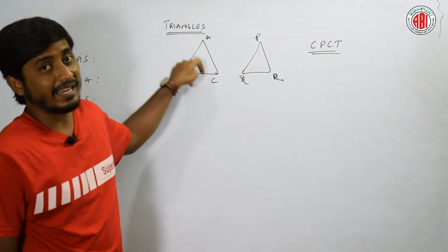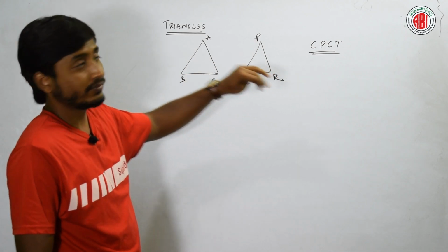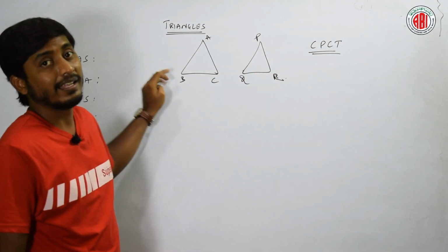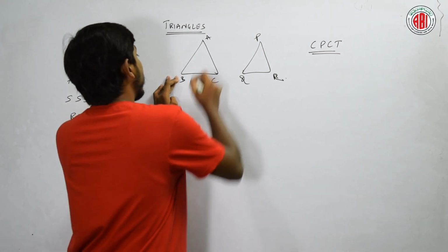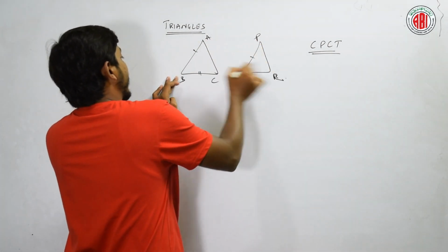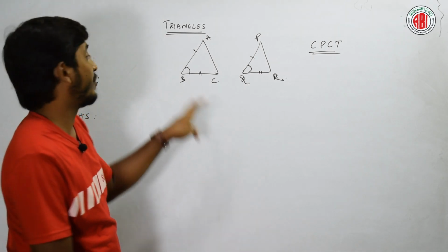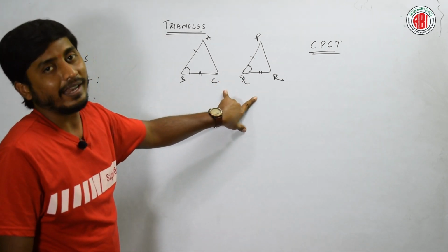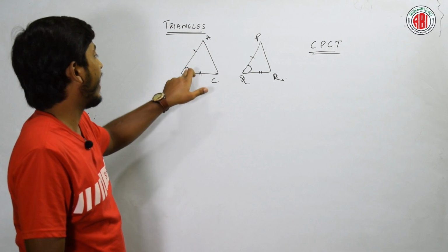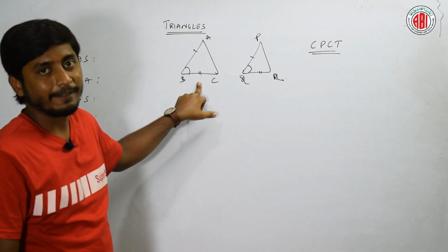Side, angle, side should be in order. That is, if any two sides are equal and the angle between them is equal, then we can tell that both the triangles are congruent. Side, angle, side. Clear?